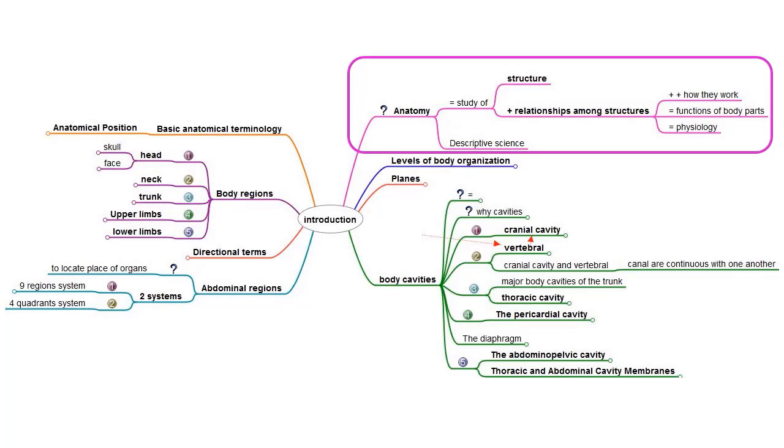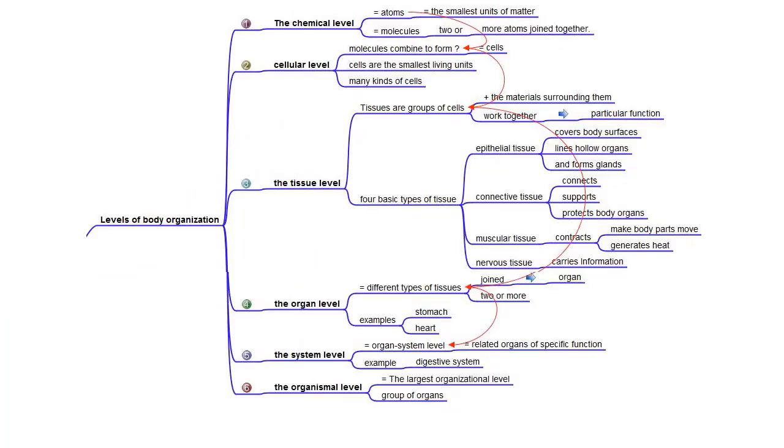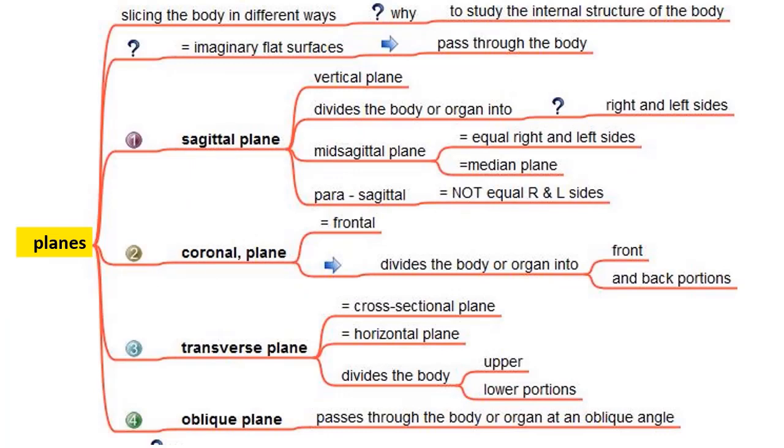These are the very essential facts of the definition of anatomy, and it is represented as one arm of the mind map. Follow these lines very easily, right?